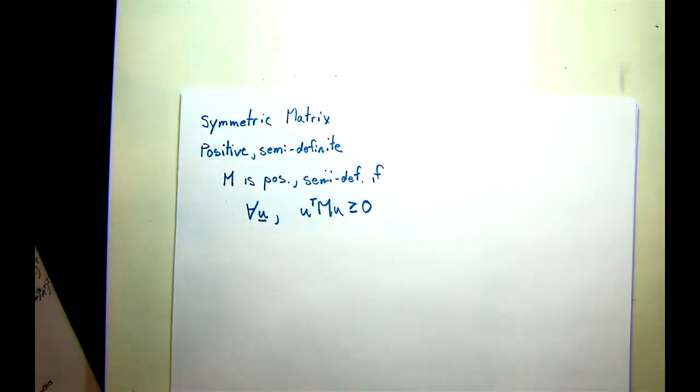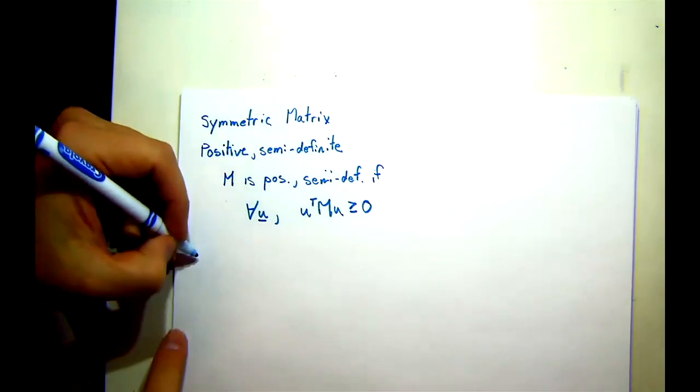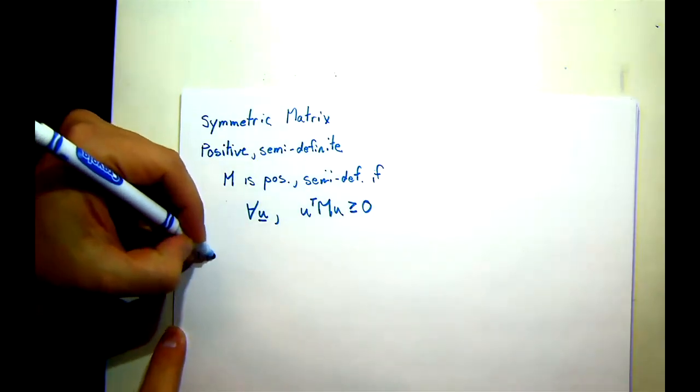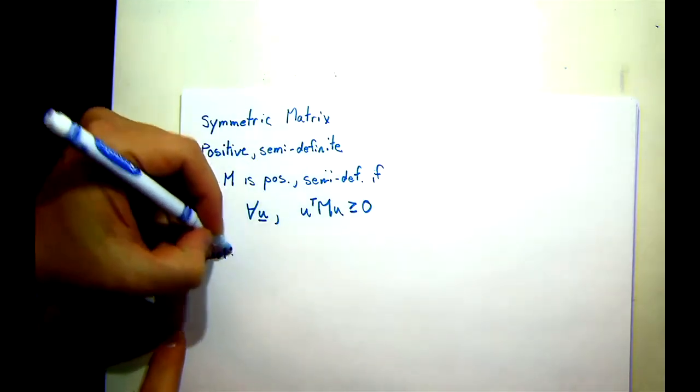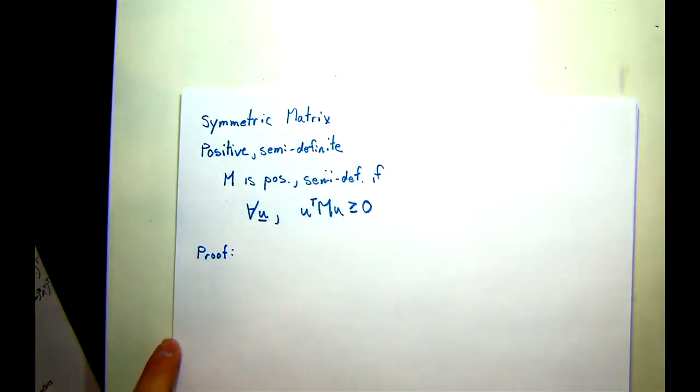So what we want to do is prove that the covariance matrix is positive semi-definite. So the proof for that, this is a proof. As we get farther into class here, we're going to have more math, unfortunately.